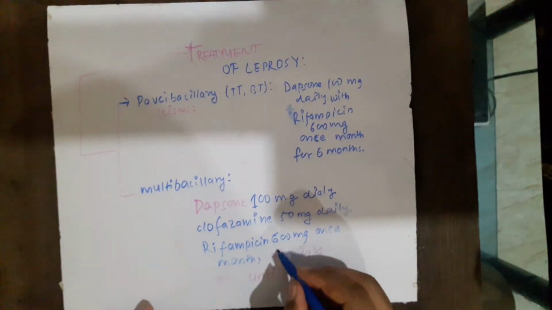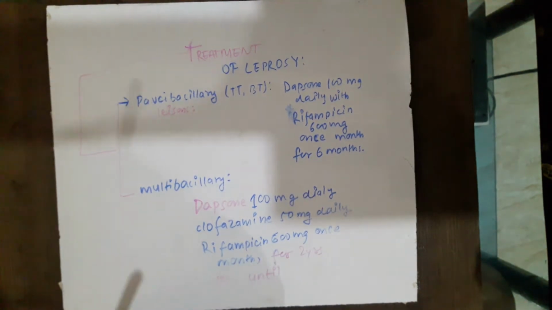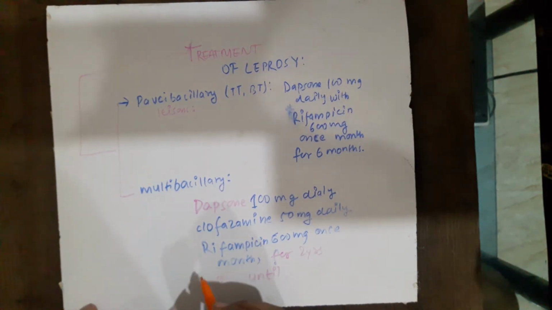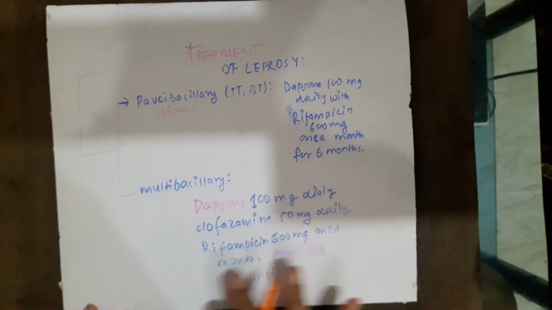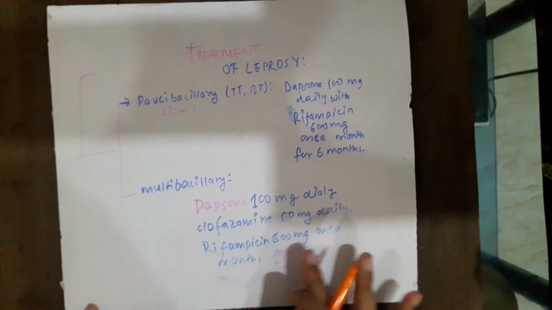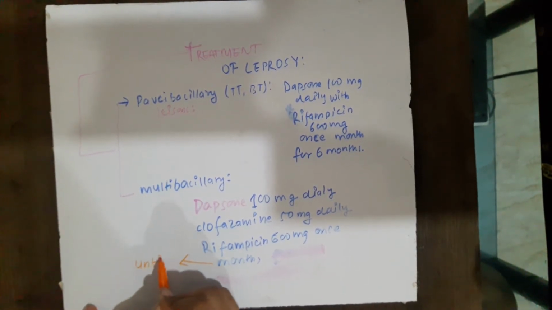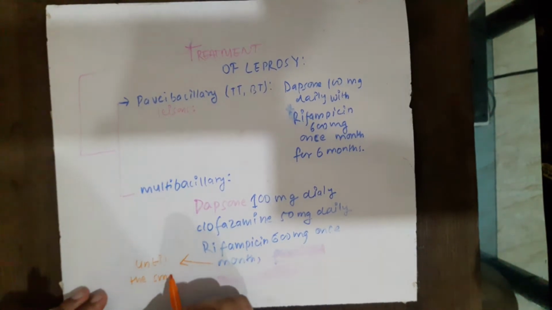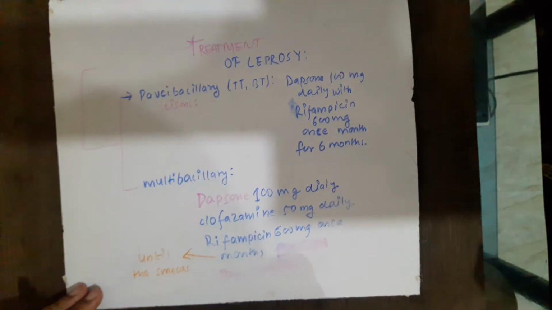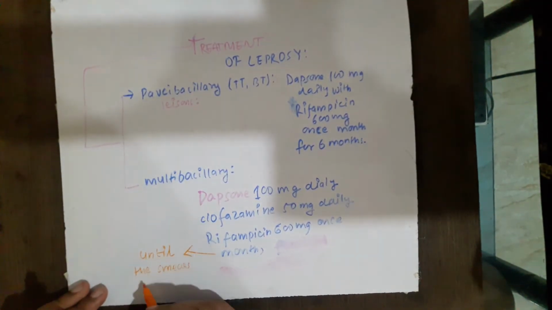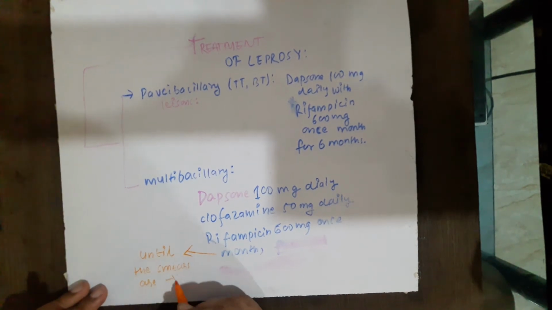I guess you cannot see this. Rifampicin 600 mg once a month until the smears are negative.